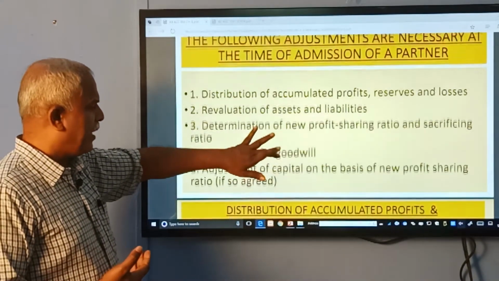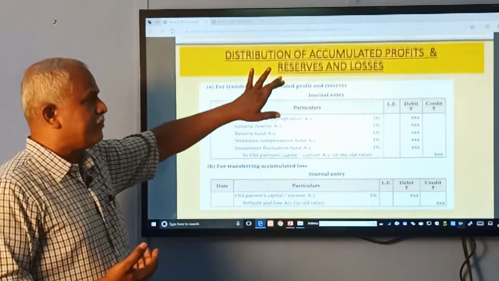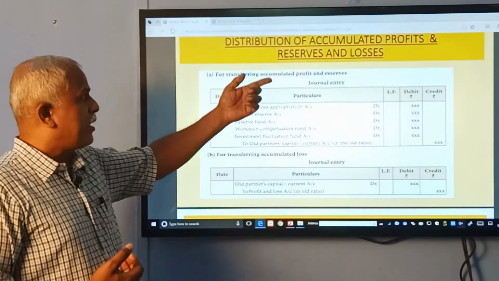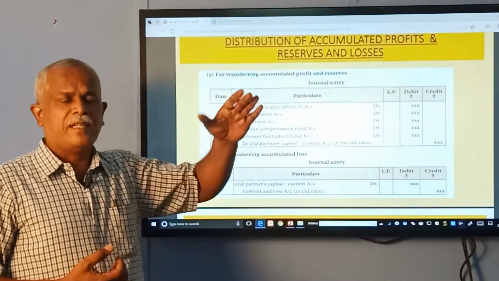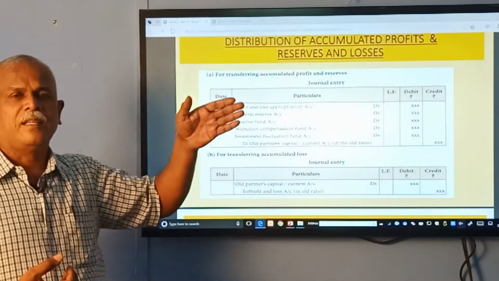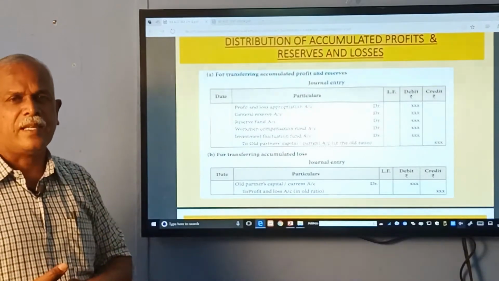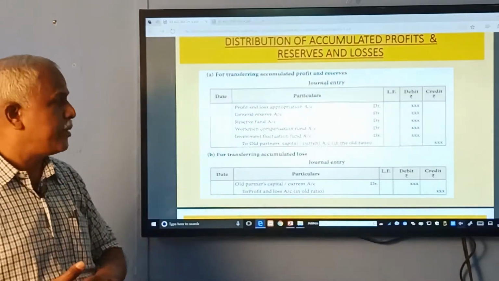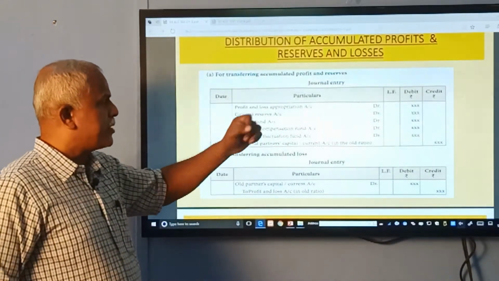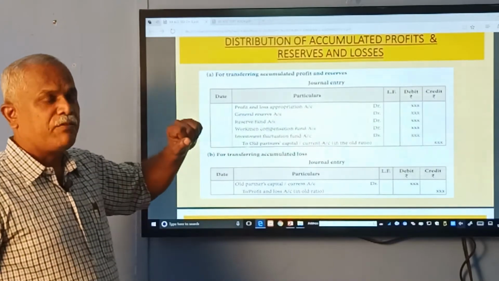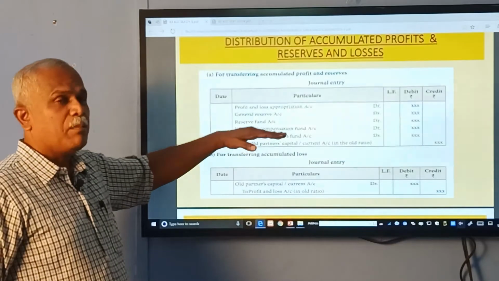So, for that we have a journal entry. Transferring the accumulated profit and reserves. Simple journal entry: distribute the reserves and accumulated profits to the partners' capital accounts, old partners in old ratio. Profit and loss appropriation account, general reserve, reserve fund, workman compensation fund.